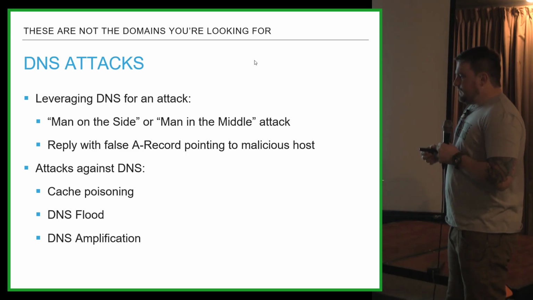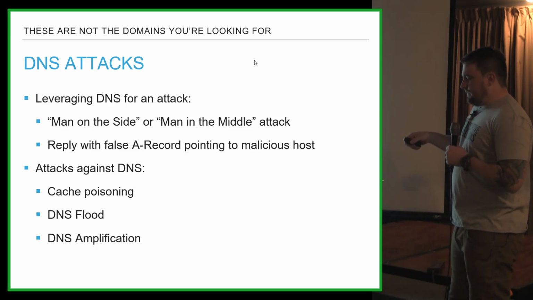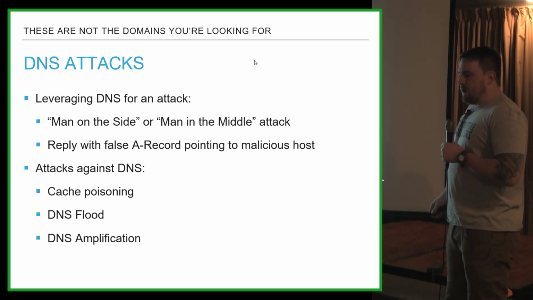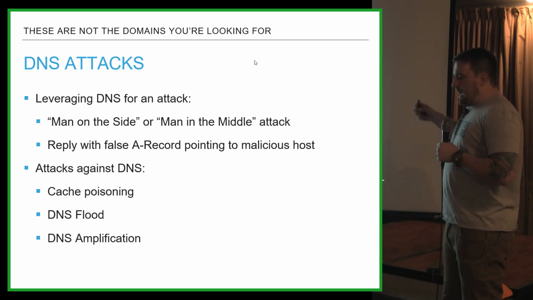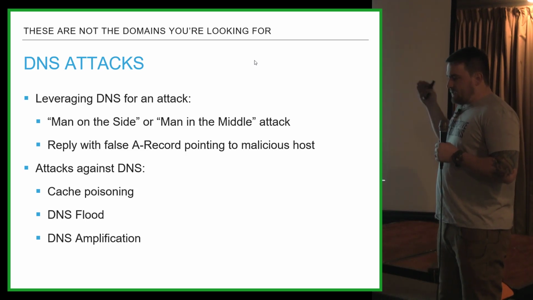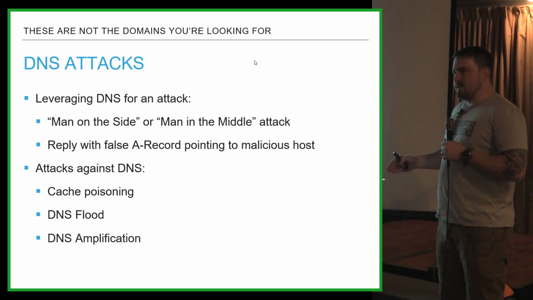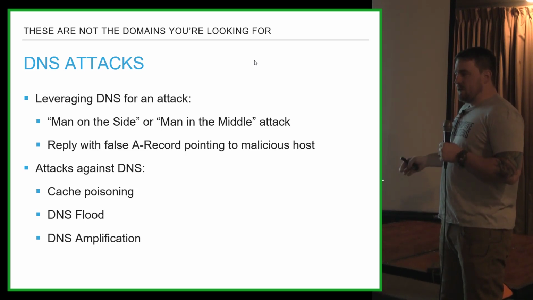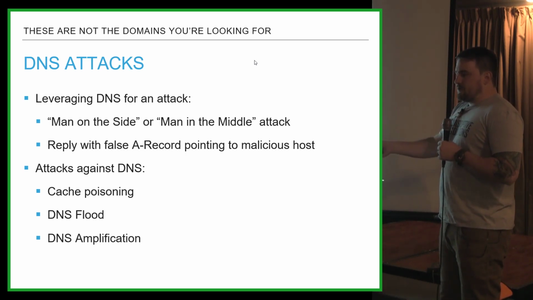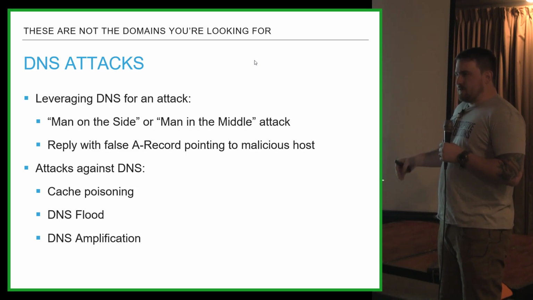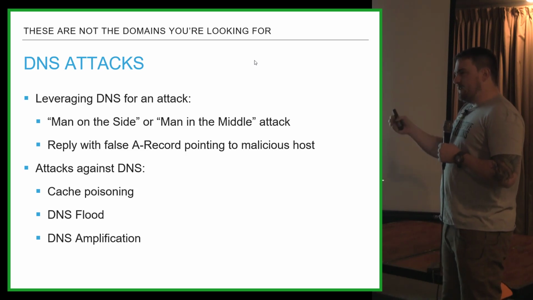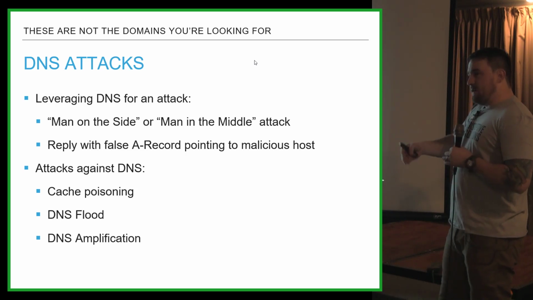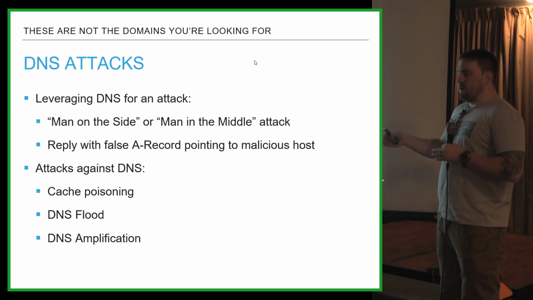The idea is that if I'm sitting next to your DNS server and I watch a request go out for Facebook, I can see that request and send you back a response and spoof the IP addresses and say, hey, Facebook's at this IP address. Your server is going to accept that because it's the first one back. And then it's going to inform you, the user or the browser, of the fake IP address of Facebook, and you're going to browse to it.